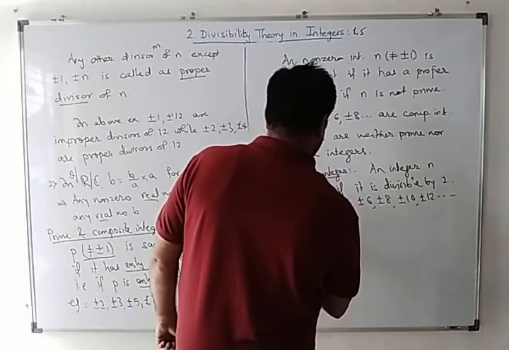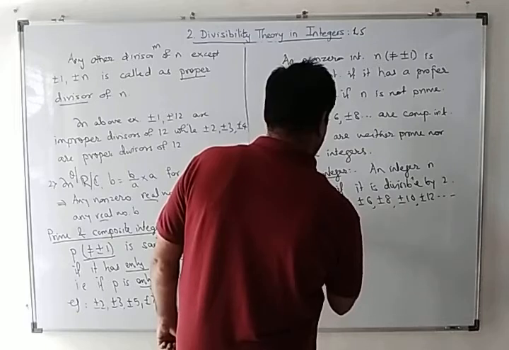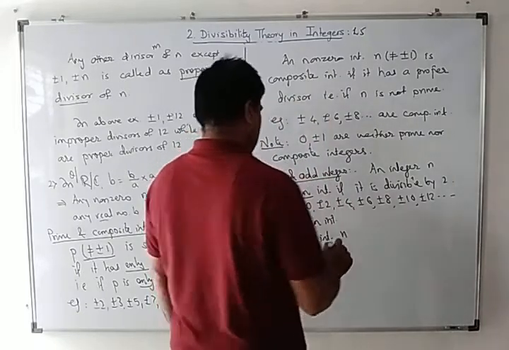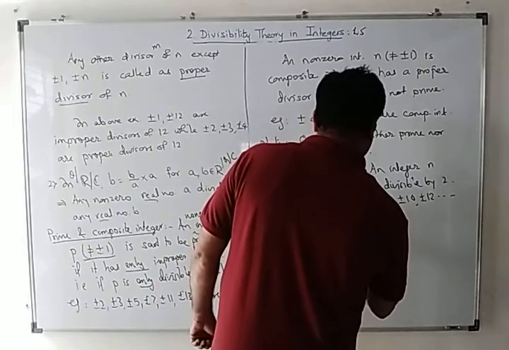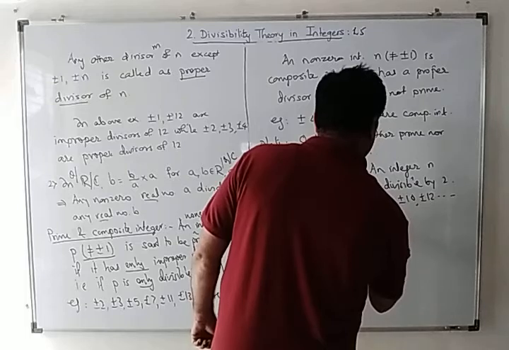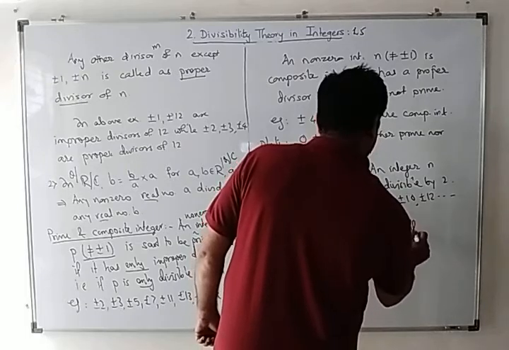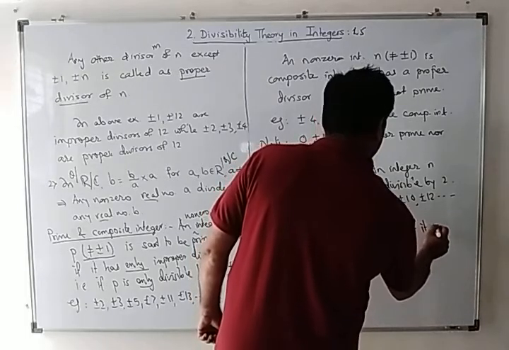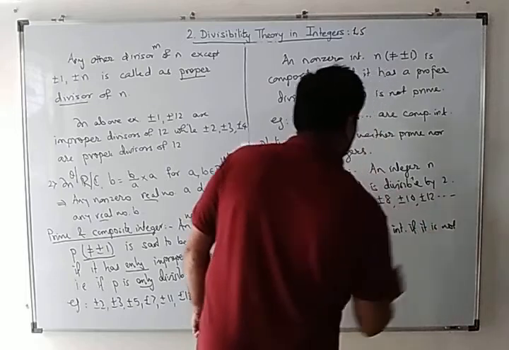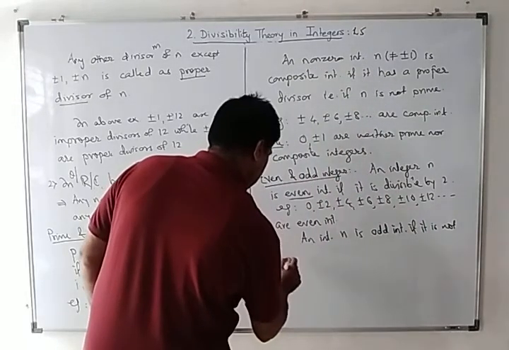An integer n is an odd integer if it is not divisible by 2.